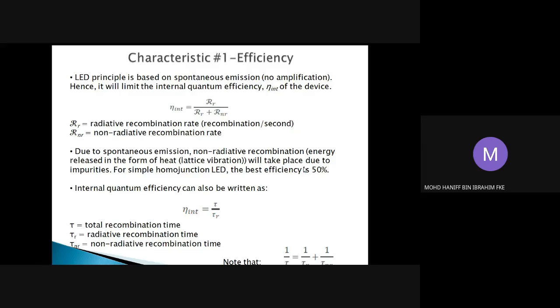For radiative recombination, as I mentioned before, we have this luminous material which has its atoms. When the electron and holes recombine, a photon is produced due to this radiative recombination.